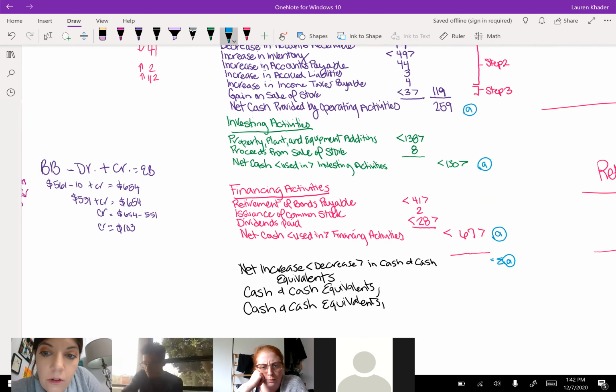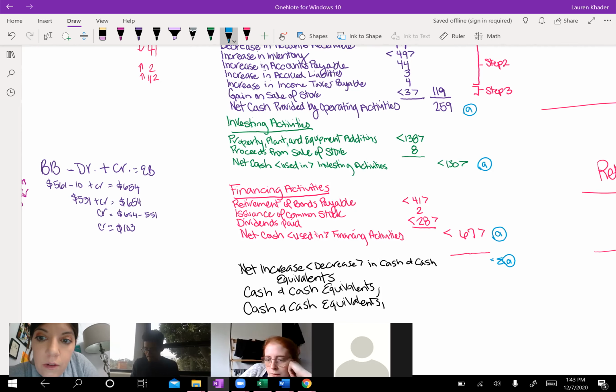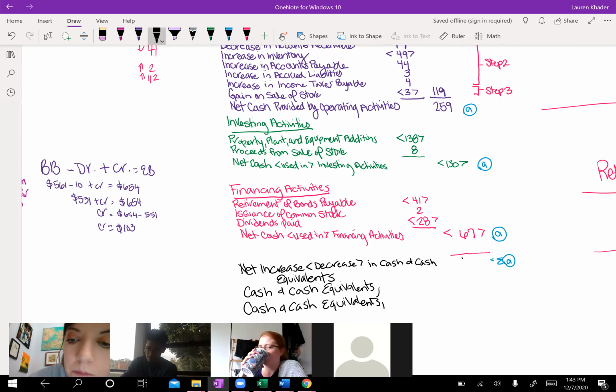So I put sum of. So 259 positive minus 130 minus 67, if you will. 62. 62. And it's positive. So more cash flow coming in than going out. Cash increased year over year.